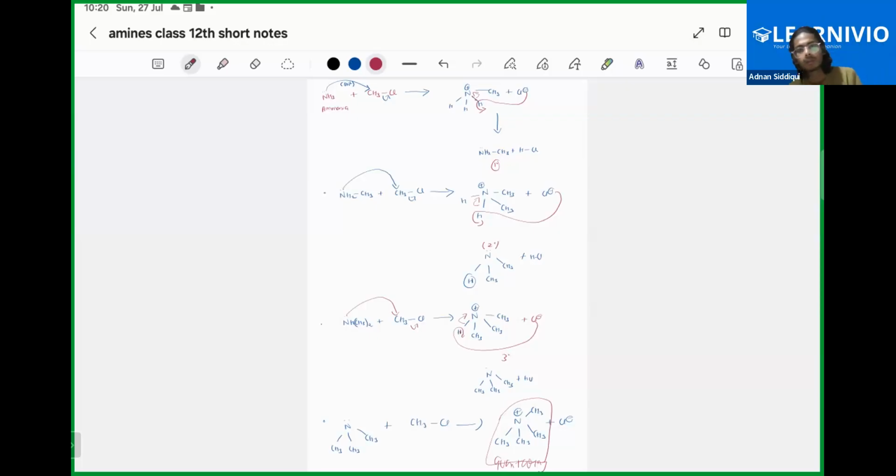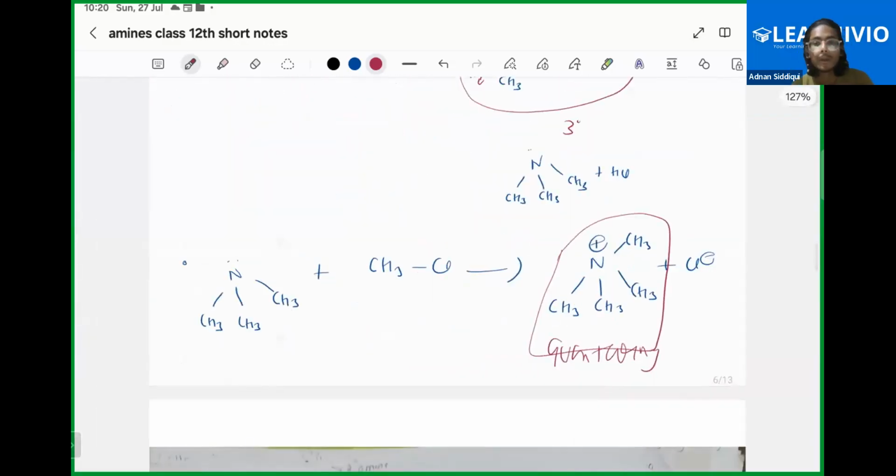Because H is not present. Very good, because if H is not present, this chlorine won't be able to abstract anything, and this nitrogen compound won't be able to get stabilized. It will exist as a salt, and it will be precipitated at the bottom of your container. So after the formation of quaternary salt, this reaction won't go any further.